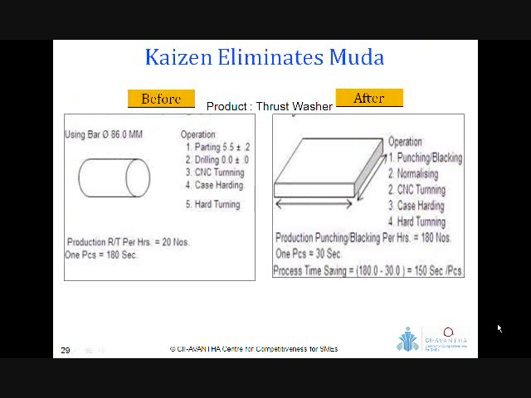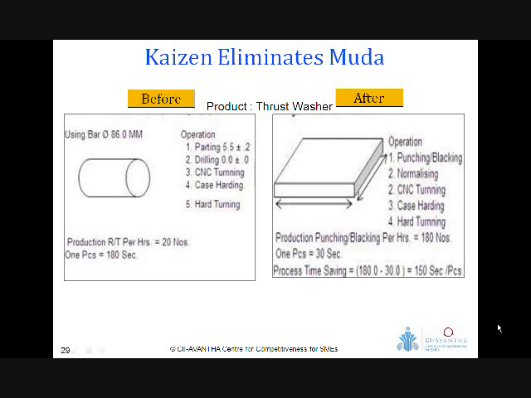One example is a product called a thrust washer. To create the thrust washer, an 86 mm bar was used. First parting was done, then drilling, then CNC turning, case hardening and hard turning. Production rate was 20 per piece.